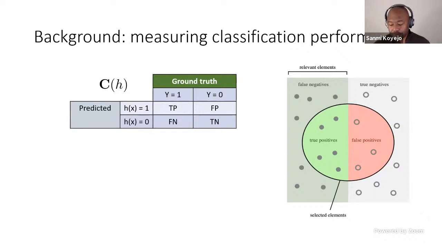We can compute the true positives, which is the fraction of examples correctly predicted as 1, true negatives, the fraction of examples correctly predicted as 0, and then the 2 kinds of errors the model can make, false negatives and false positives, for incorrectly predicting 0 or 1.